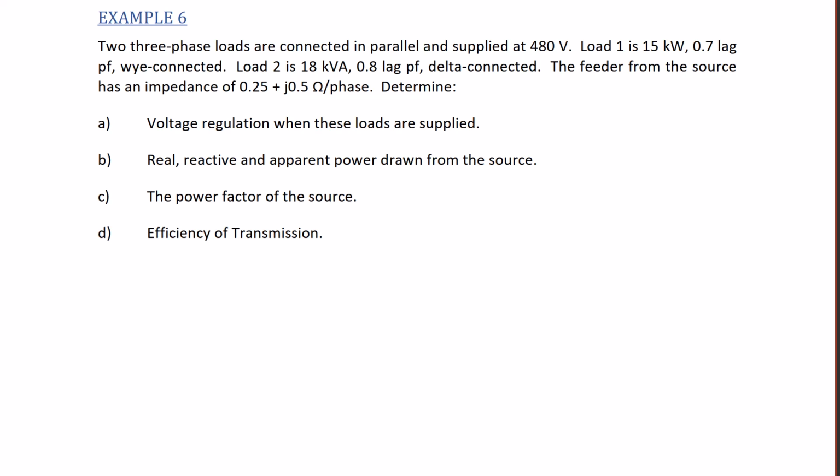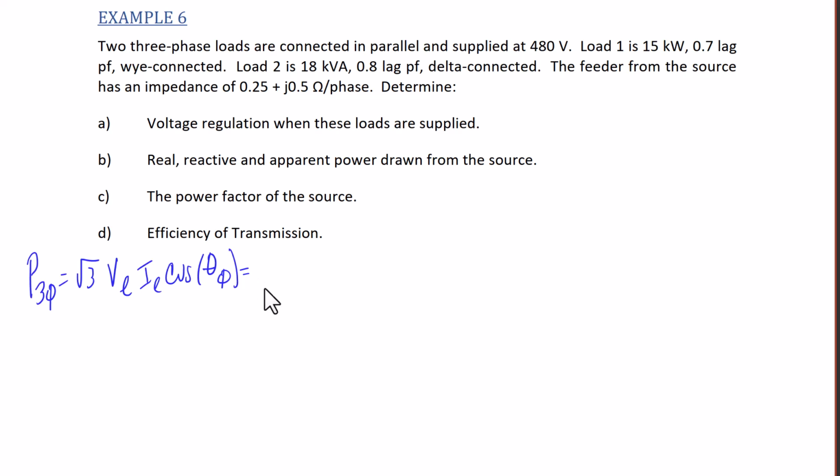So next we're going to find the power drawn from the source. The real power would be the square root of 3 V_L I_L cosine of theta. And remember, that's always our phase angle.